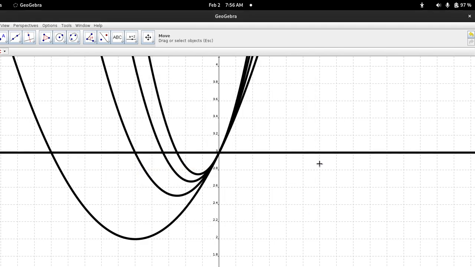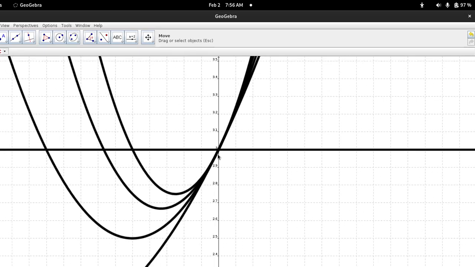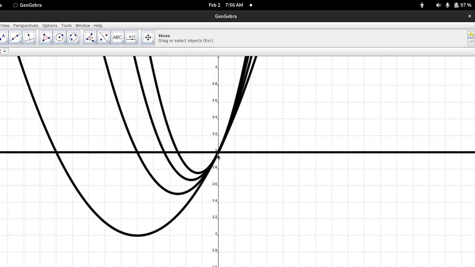So you see, this is not a traditional type of envelope. It actually is a locus. It cuts the curve, but there's a meeting point right here at 3. All of them meet at 3.